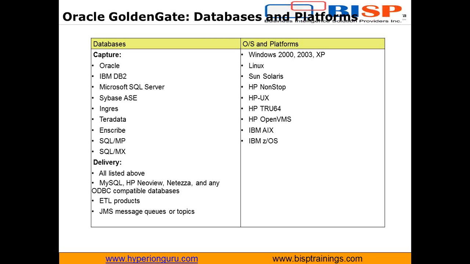Now, the operating systems and platforms supported by Goldengate are Windows 2000, 2003 and XP, all versions of Windows, Linux, Sun Solaris, all HP variants, and all IBM variants.